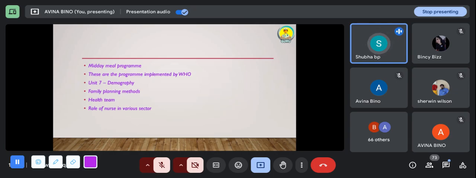And the last question, the role of the nurse in various sectors. You all know, as a nurse you can work in many sectors. You can work in the community, in a hospital, in teaching sites, as an occupational health nurse, right?